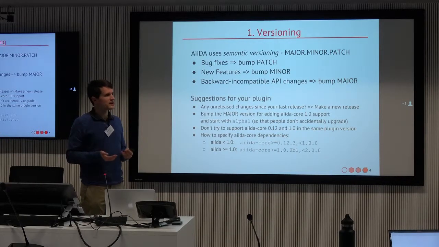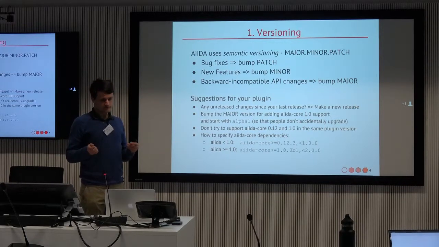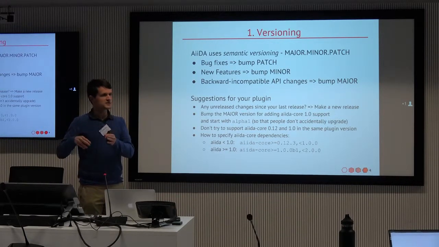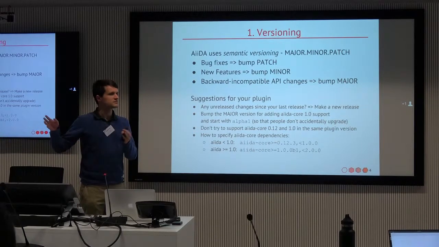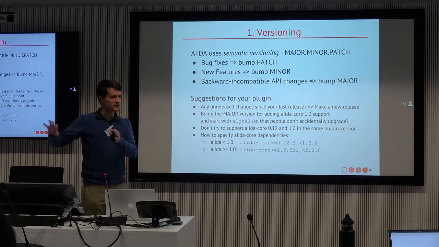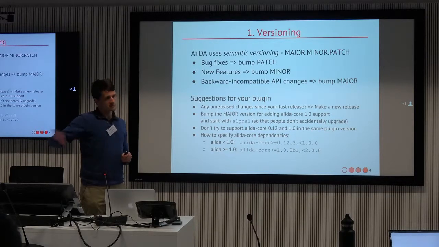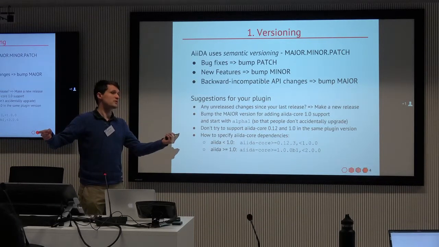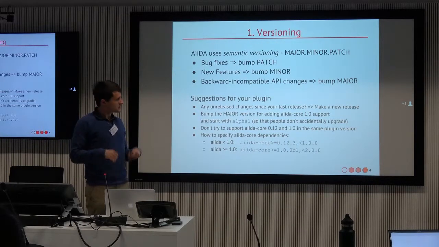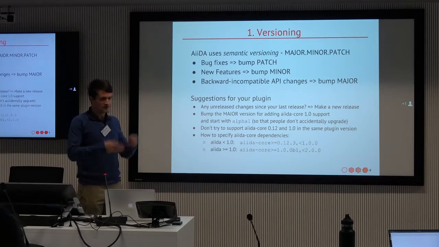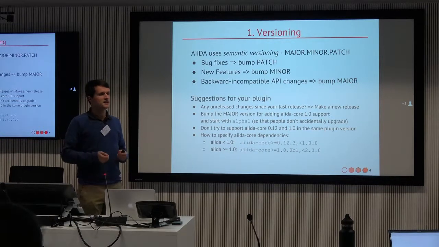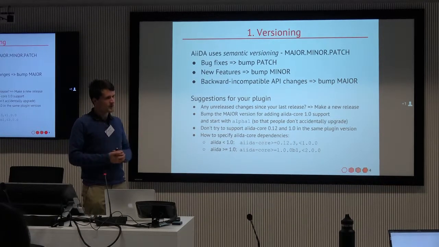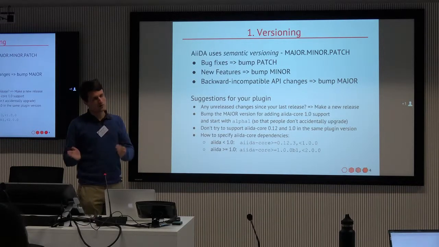What we would usually do in semantic versioning is create from your current master branch a branch called support/0.12, something like this, or whatever the version of your plugin is, that you can keep around if at some point you want to make fixes to the 0.12 version, so to your old plugin. But what I would suggest is that after you've released the current state of your plugin, you bump the major version number and then you go for 1.0 support.